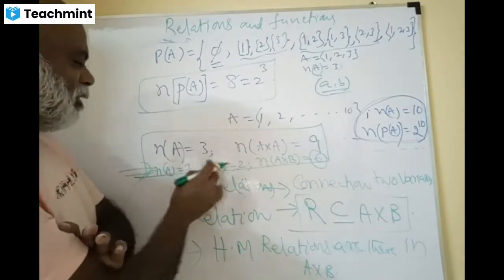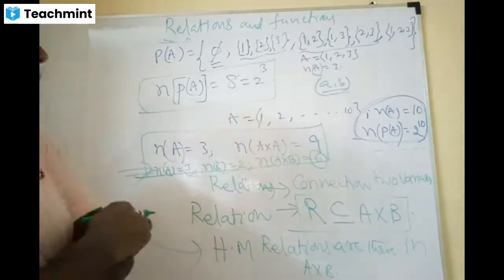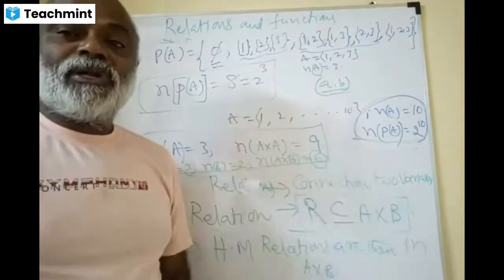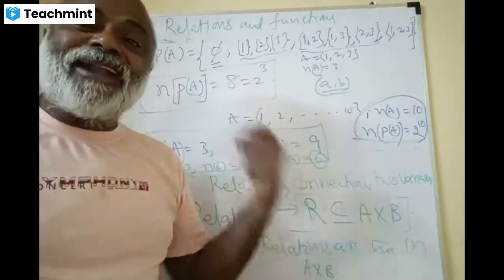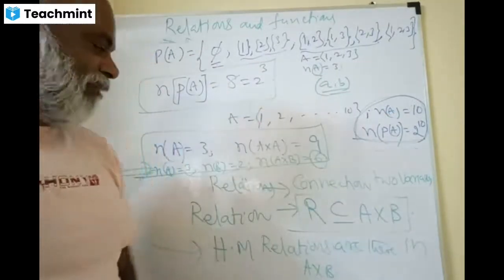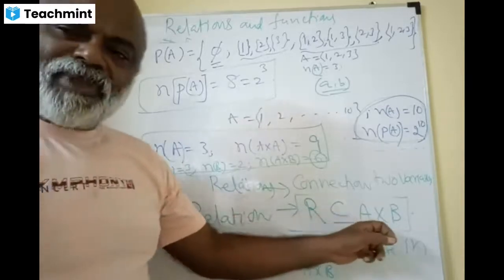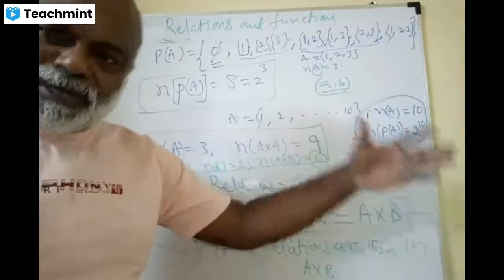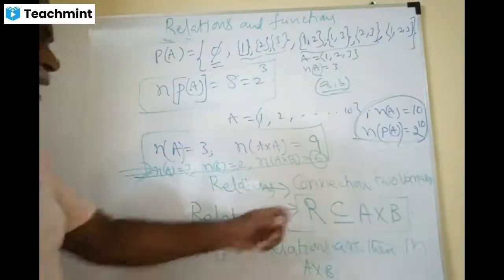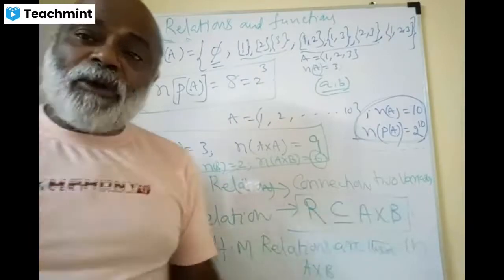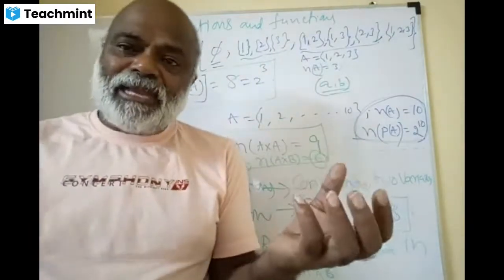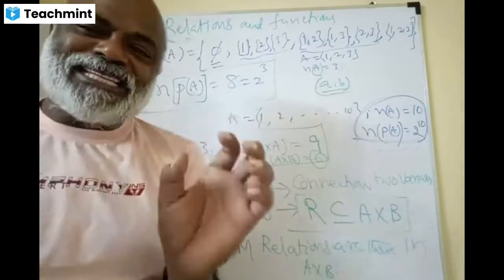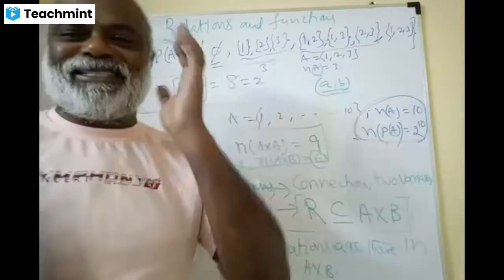A has 3 elements, B has 2 elements, and n of A cross B has got 6 ordered pairs. Now, a relation is a set of ordered pairs. I will define once again, R is a subset of A cross B. I will state it properly in set builder form, wait. Before that, we said that R is a subset of A cross B. Now, when I take A cross B, A has got 3 elements, B has got 2 elements. How many relations are possible from A cross B?